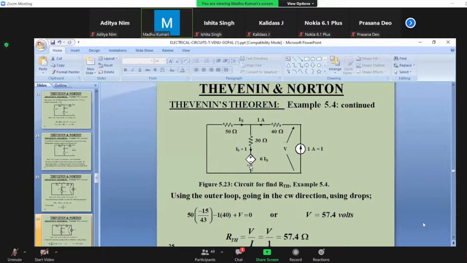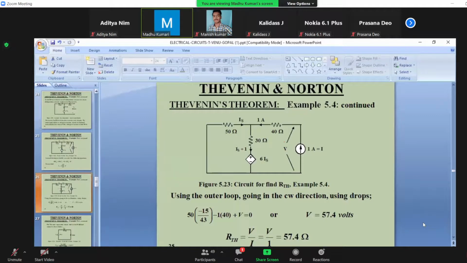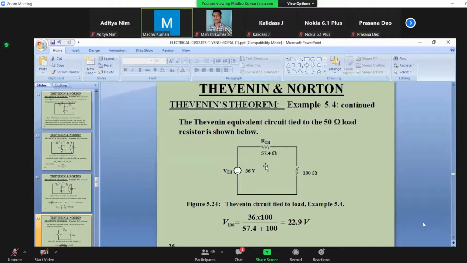Simply, here you can assume one imaginary source, or second, calculate the loop resistance. If VThevenin is found and the short circuit current is found, then V by I gives you RThevenin. Simply, so you don't need to go too deep into this. Now, finally, VThevenin is 36 volt, RThevenin is 57.4, and this is the output resistance which has been disconnected from the network.